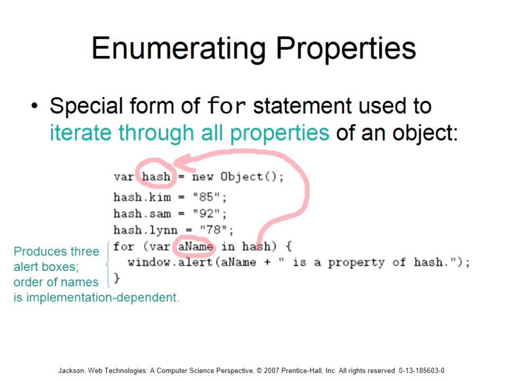Window.alert(name is a property of hash). So I will obtain what here? I will obtain kim is a property, sum is a property, len is a property.